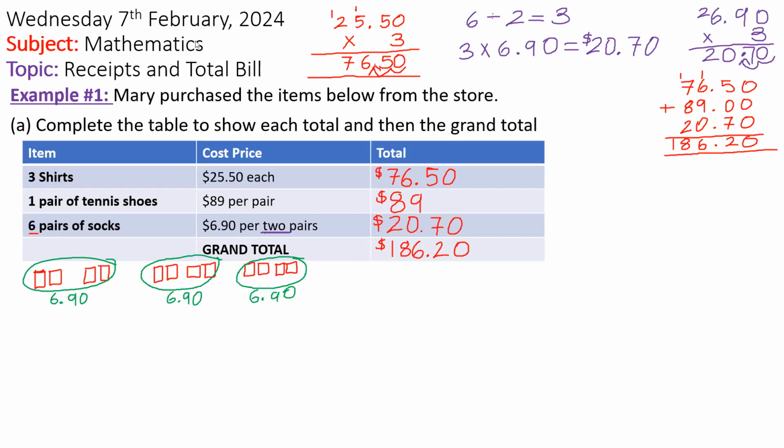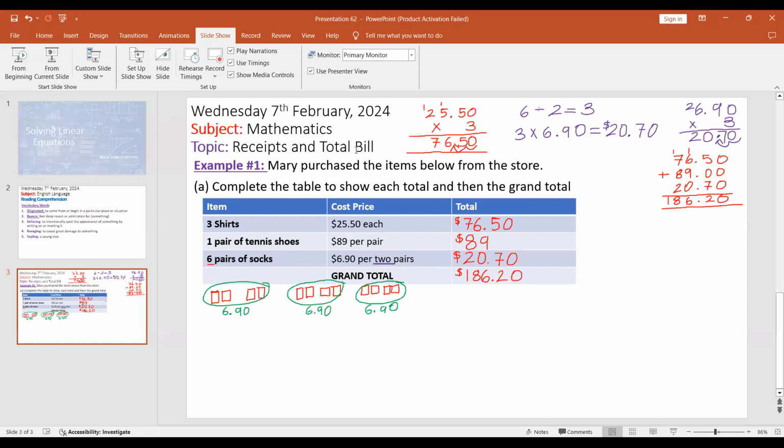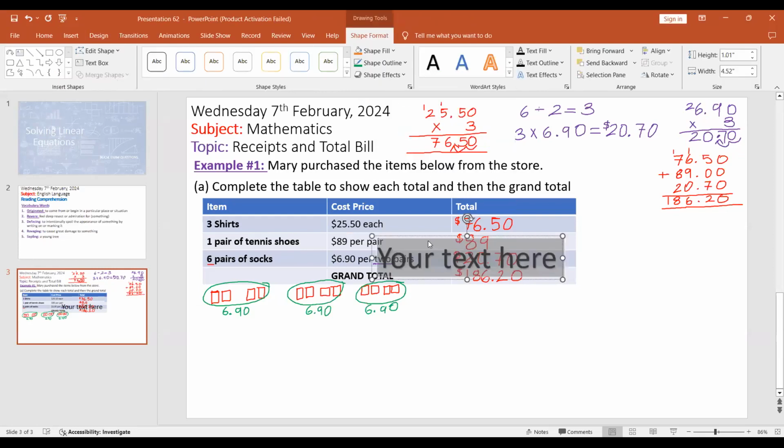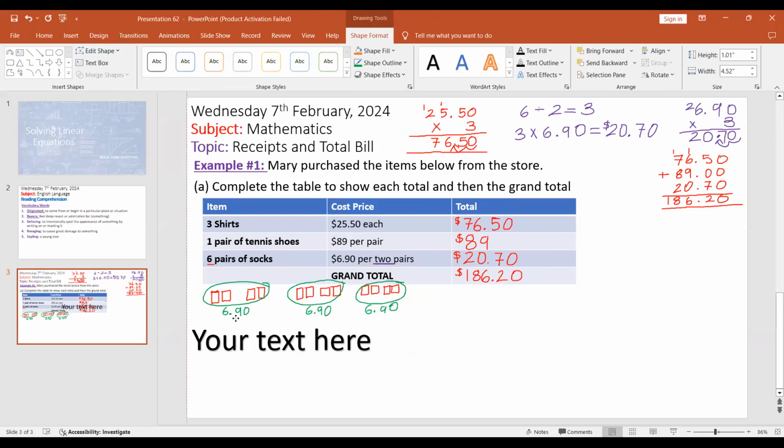All right, let's go on to the next part. So far we figured out the grand total, and we did that by multiplying and adding and also dividing. Let's go on to the next questions. This one is sort of different from what we have been doing thus far, but hopefully y'all understand it.